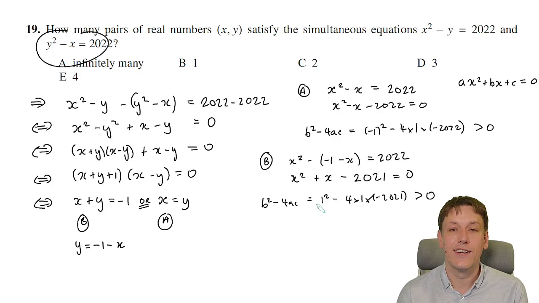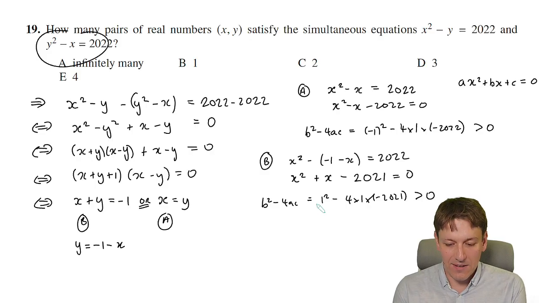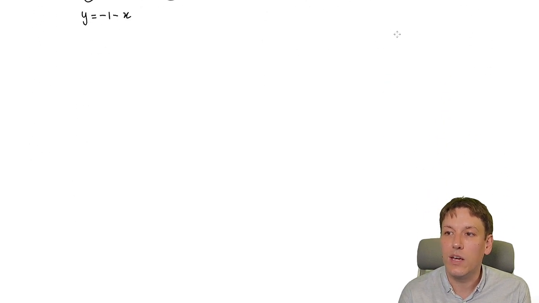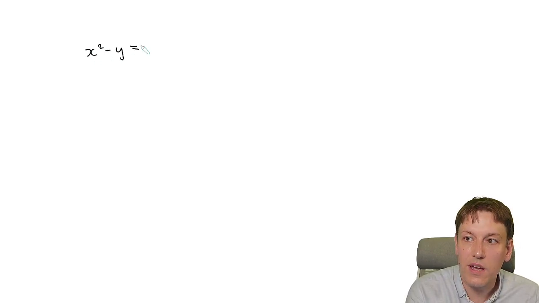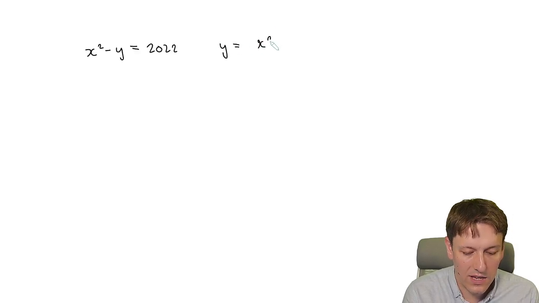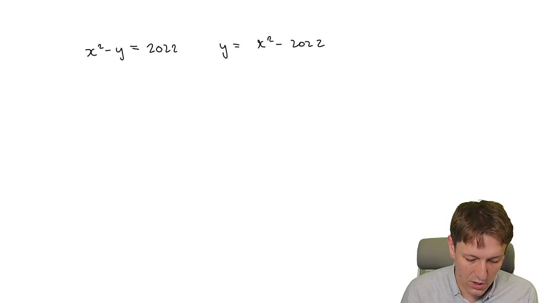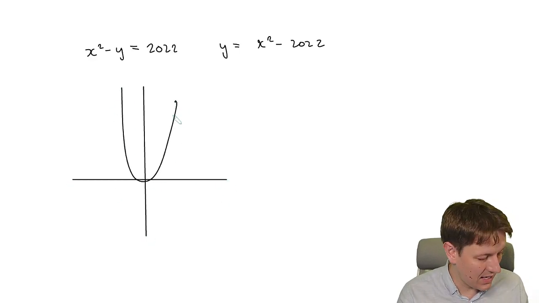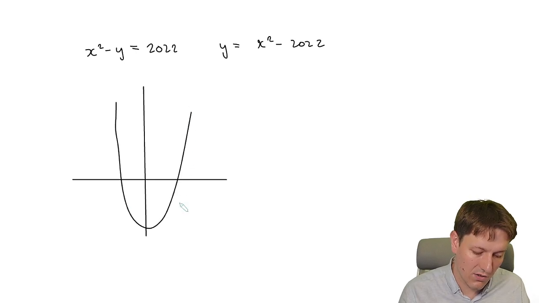So that's one way of doing this problem, and the second way would be much easier in some ways, which is just to think about the graphs of these two equations, right? So if I take the first equation there, so we've got x squared minus y equals 2022, I could write that as y equals x squared minus 2022, and if I now draw the axes on here, well, y equals x squared is somewhere here, isn't it, going through exactly the origin, so this graph is going to look something like this.